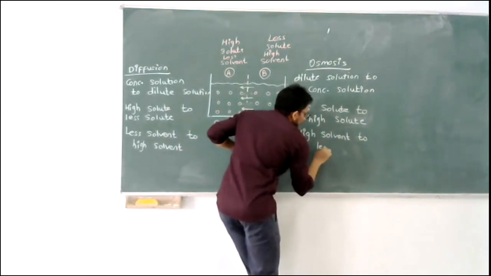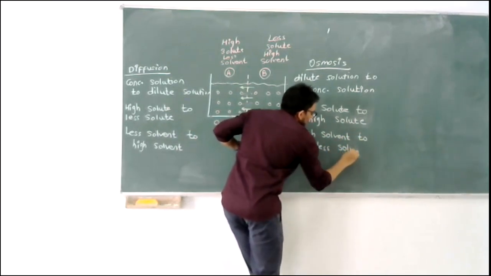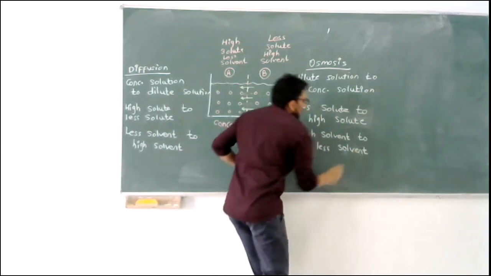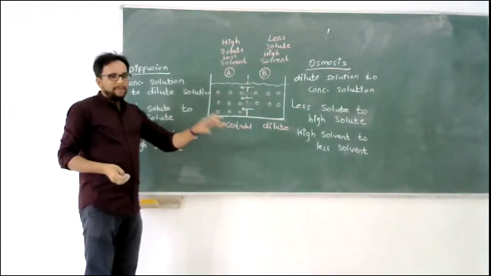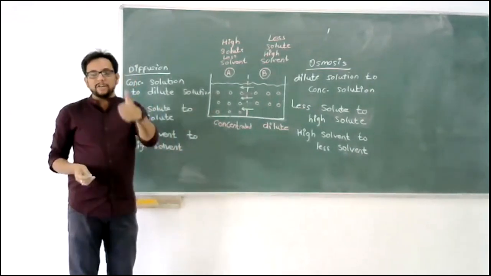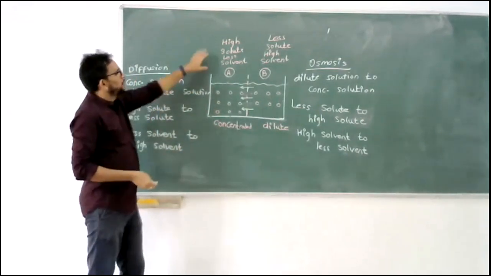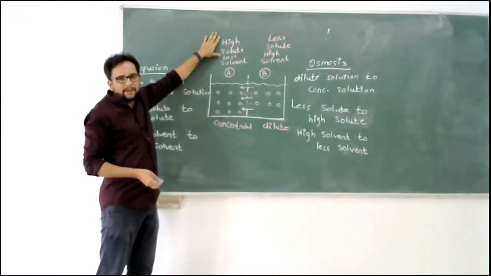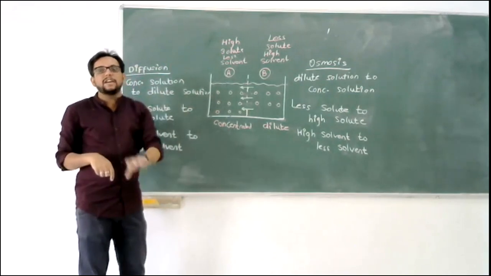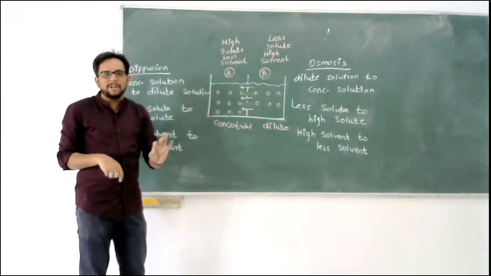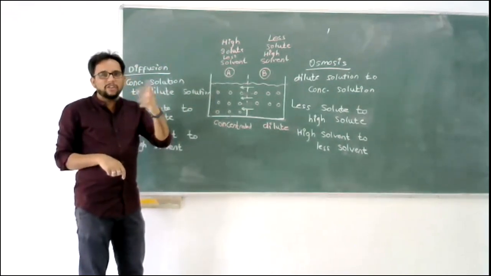Now, the most important thing and the last thing: when we talk of concentration gradient, we usually refer to solute, right? But if we say concentration gradient of solvent, specifically mention it, then the scenario changes. How?